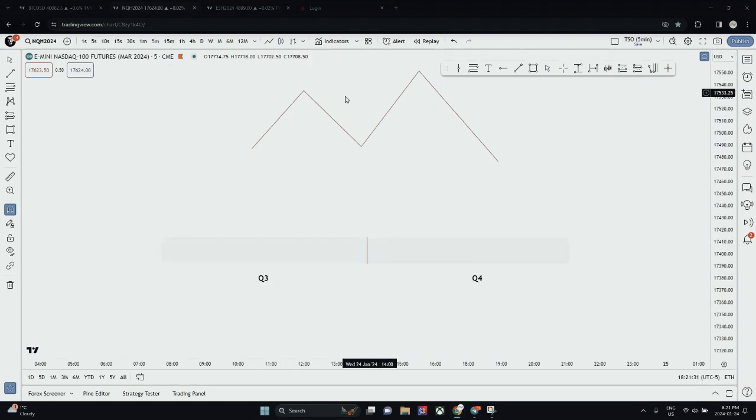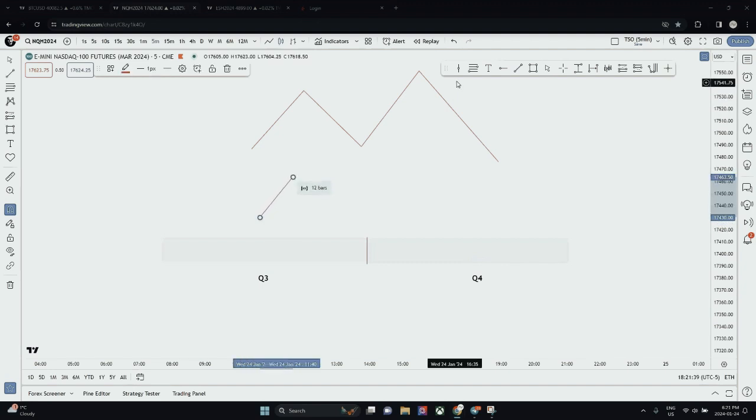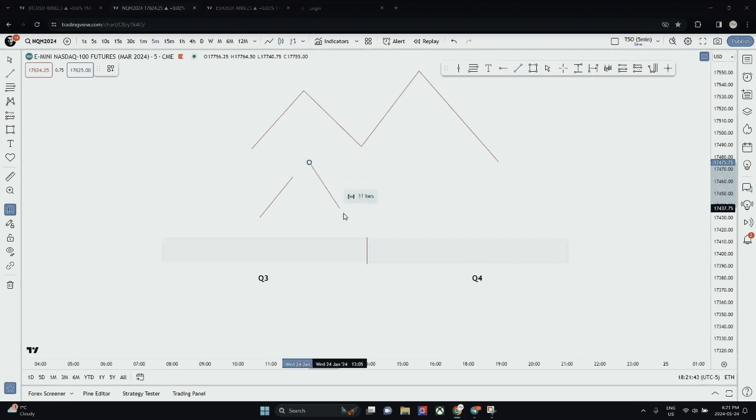So say, for example, this is NQ. In Q3, you want to see this happen with the Dow. You need to see the Dow make a lower high, just like this.